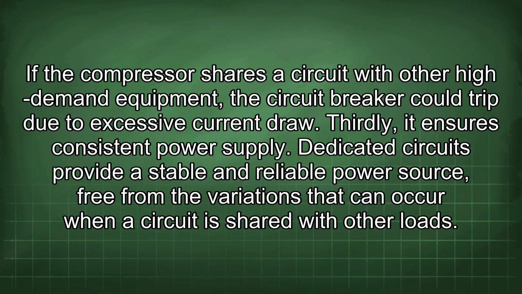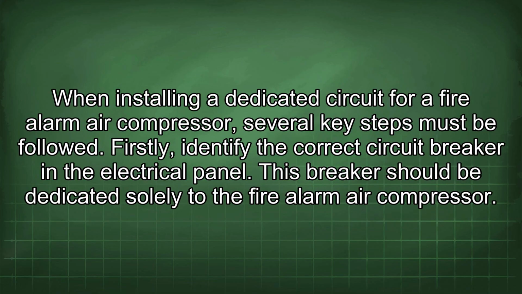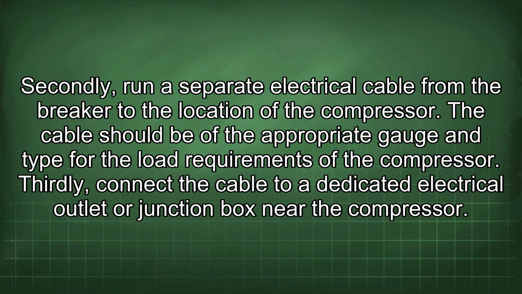When installing a dedicated circuit for a fire alarm air compressor, several key steps must be followed. Firstly, identify the correct circuit breaker in the electrical panel. This breaker should be dedicated solely to the fire alarm air compressor. Secondly, run a separate electrical cable from the breaker to the location of the compressor.